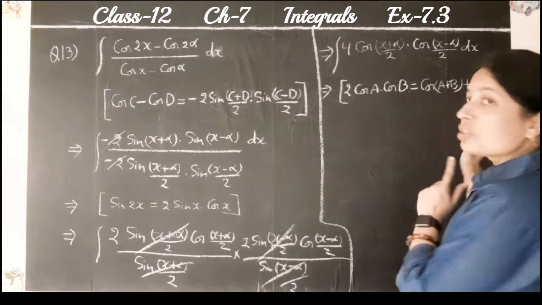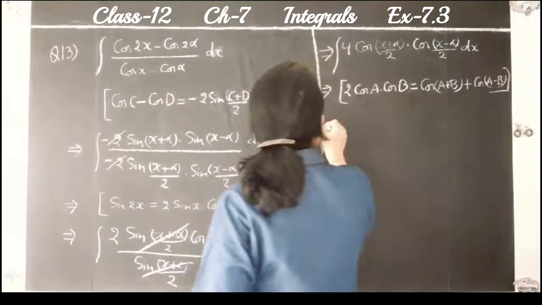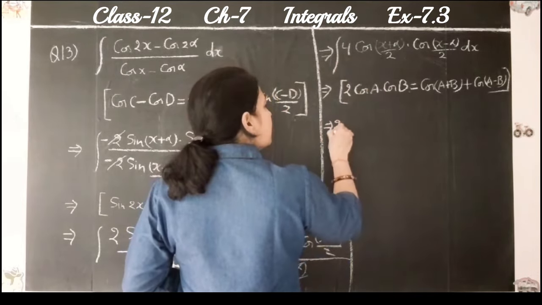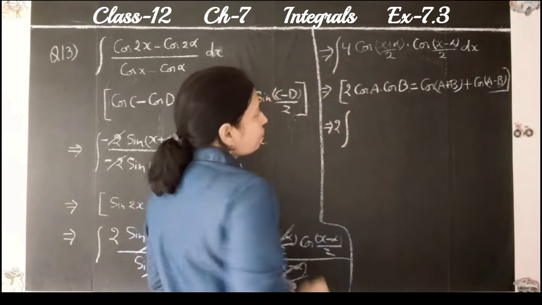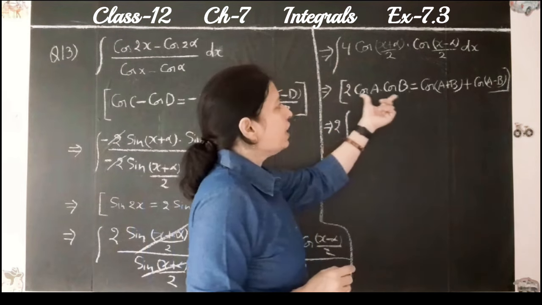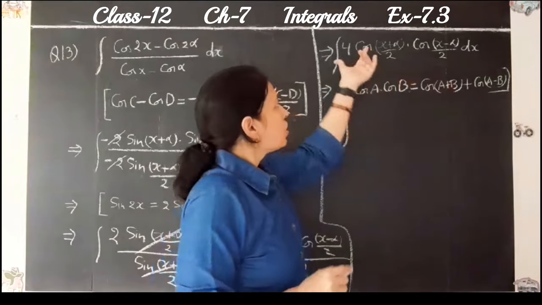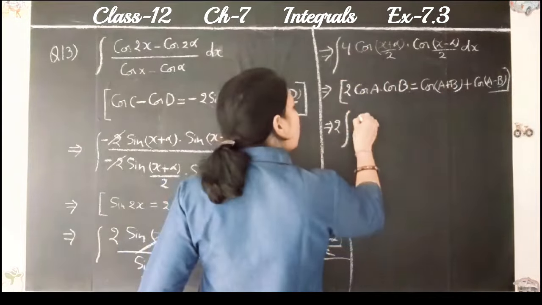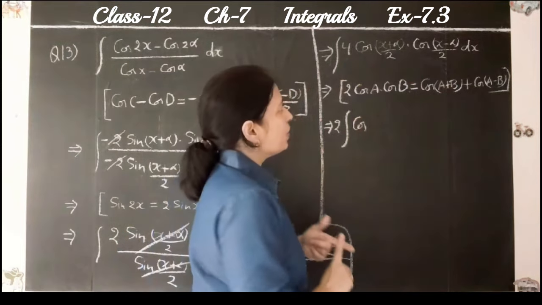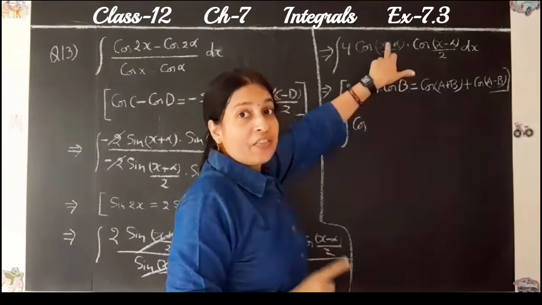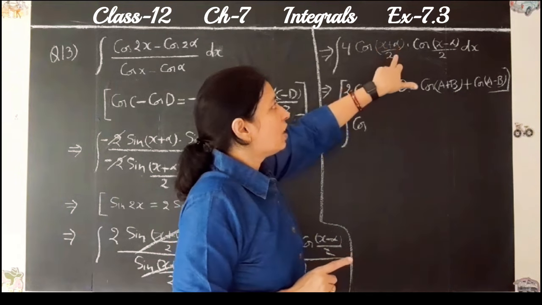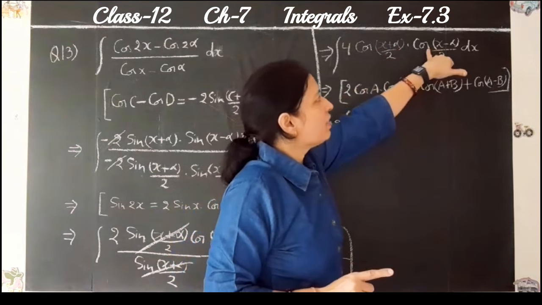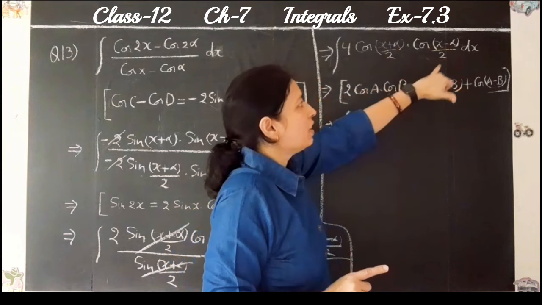Here we have to use this identity. So here it is given 4, so right here 2, because 2 cos A into cos B is equal to this. So I have taken 2 and right here 2. So it will be cos (A plus B). Here in place of A, it is given (x plus alpha) divided by 2, and in place of B, it is given (x minus alpha) divided by 2.